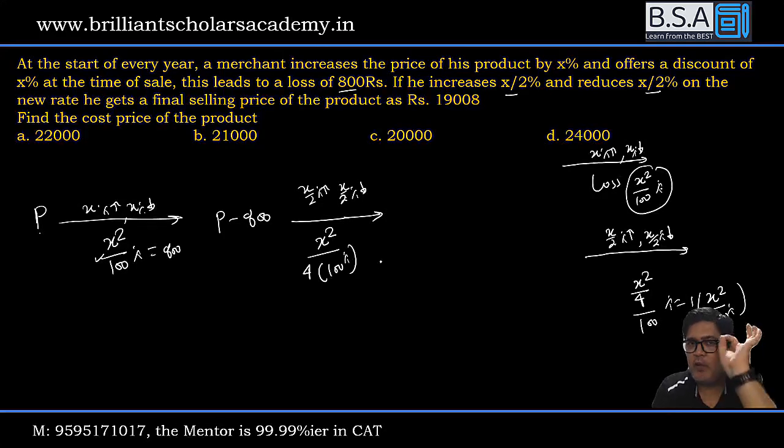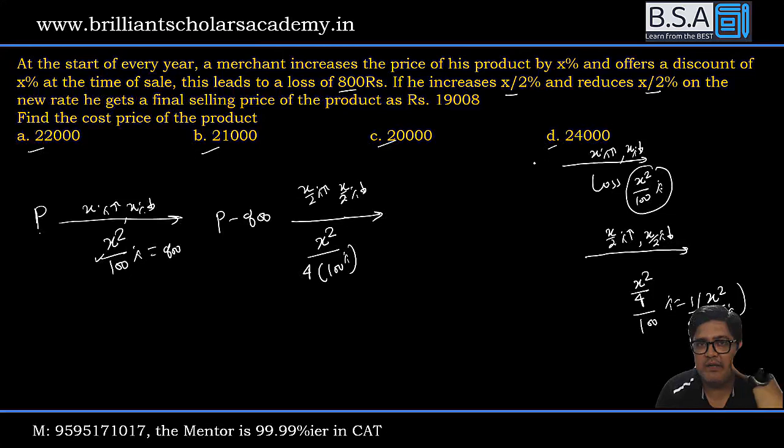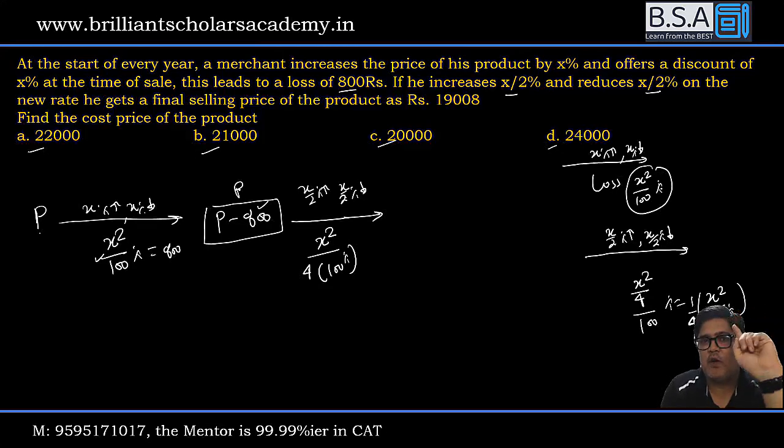Now observe, answer options are 22,000, 21,000, 20,000, 24,000. 800 rupees is a very small amount. I can say this is almost P. If X square upon 100 is 800, X square upon 100 divided by 4 should be approximately 800 by 4, which is 200.